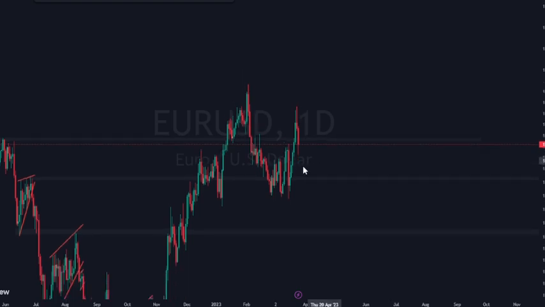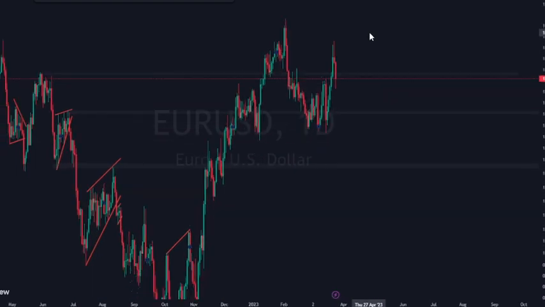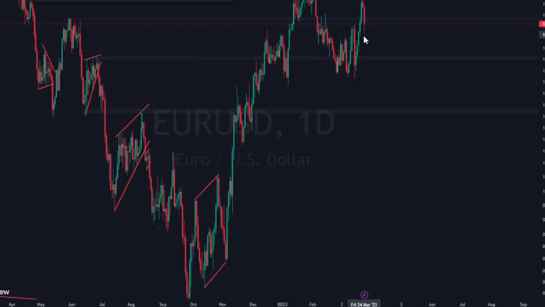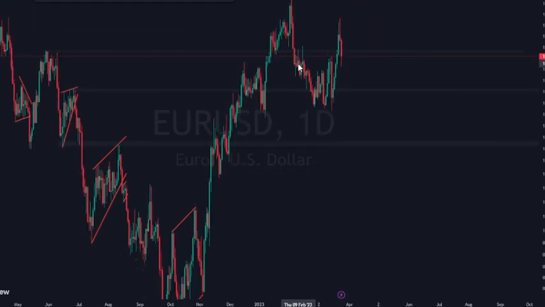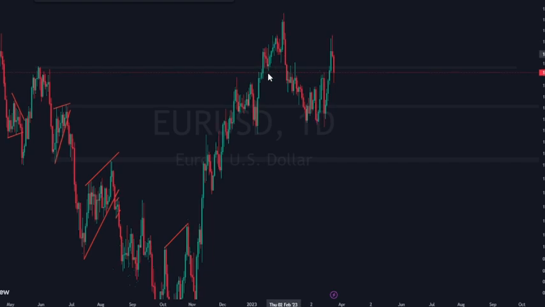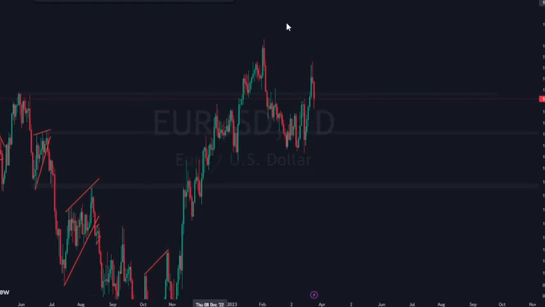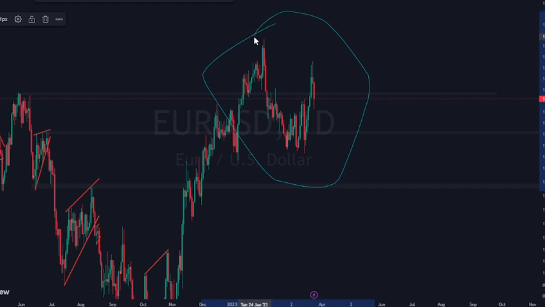Okay, remember, ladies and gentlemen, with Eurusd, we are still looking for those buys, and currently what price is doing right here is just more confirmation that the bullish setup is most probably to play out more than the sell.